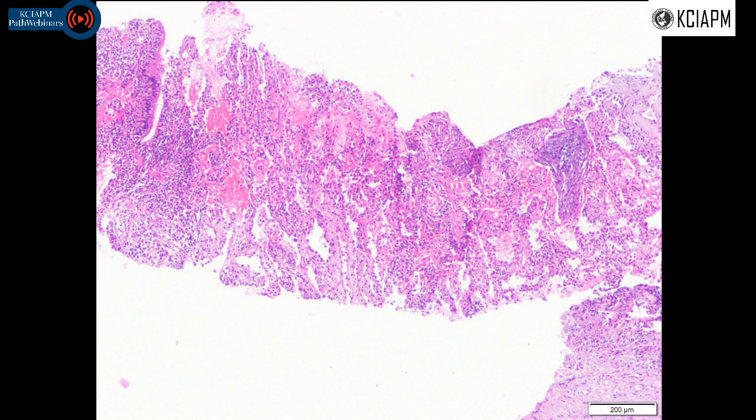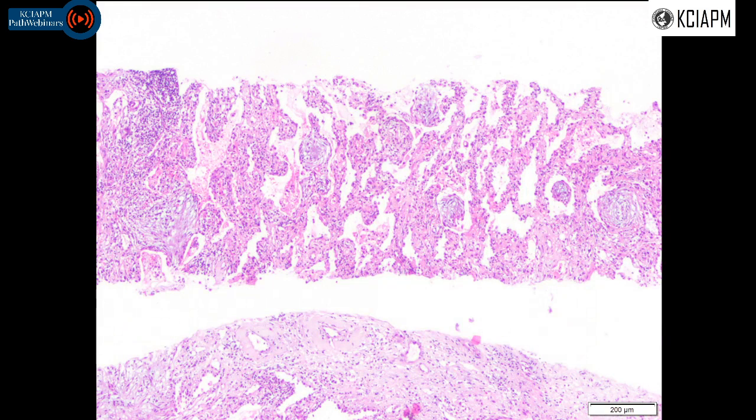There's another view of the same, this is the respiratory epithelium. So there's inflammation, there is this fibroblastic proliferation. So it looks like an interstitial pneumonia with these fibroblastic foci from the granulation tissue settling down to healing.